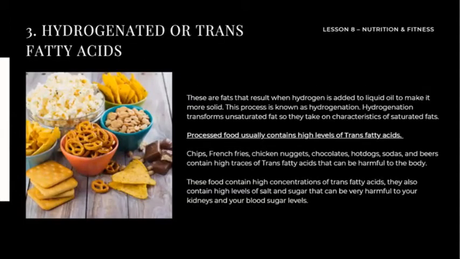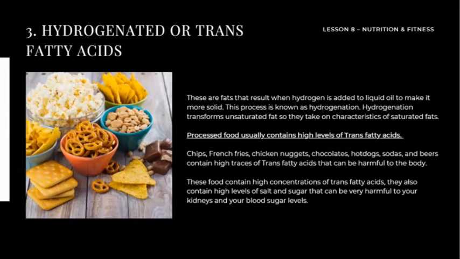The third and last form of fat is hydrogenated or trans fatty acids. These are fats that result when hydrogen is added to liquid oil to make it more solid. This process is known as hydrogenation. We have here processed foods such as chips, French fries, chicken nuggets, chocolates, hot dogs, sodas, and beer.